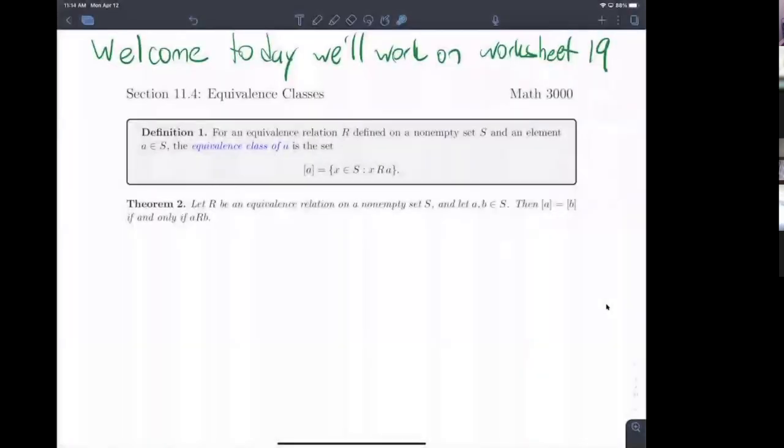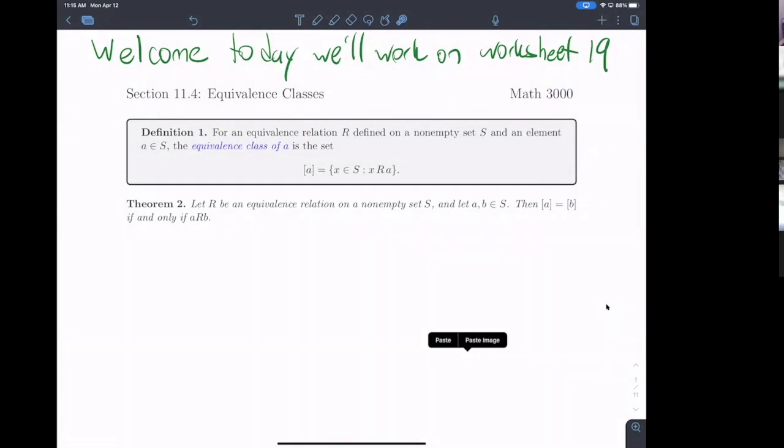So we'll see today that we could really use these terms interchangeably, and we do all the time in mathematics, whether we call something an equivalence class or a partition. They're really essentially the same thing. We can think of equivalence classes as special types of partitions. Any partition we can think of as an equivalence class, so it goes back and forth.